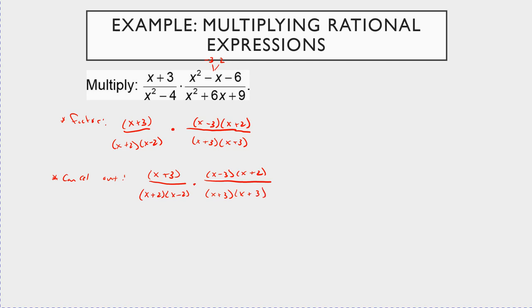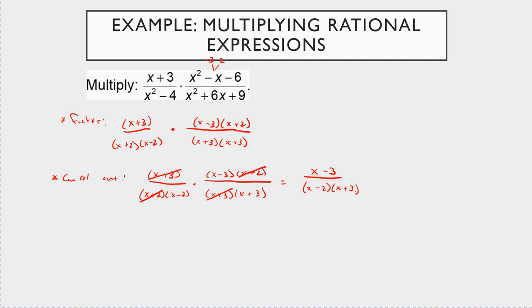Okay, so here's how you're going to cancel. I have an x plus 3 on the top in the numerator that cancels with that x plus 3 in the denominator. Notice I have an x plus 2 and x plus 2. So now just multiply across. The only thing left in the numerator is x minus 3. And in the denominator, I have x minus 2 times x plus 3.